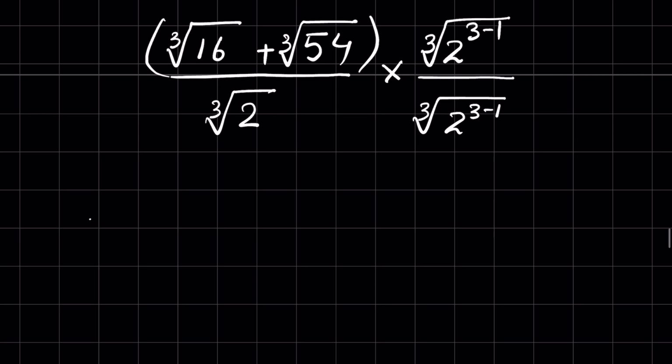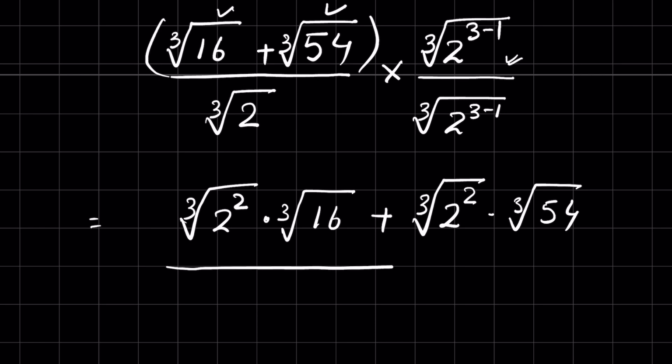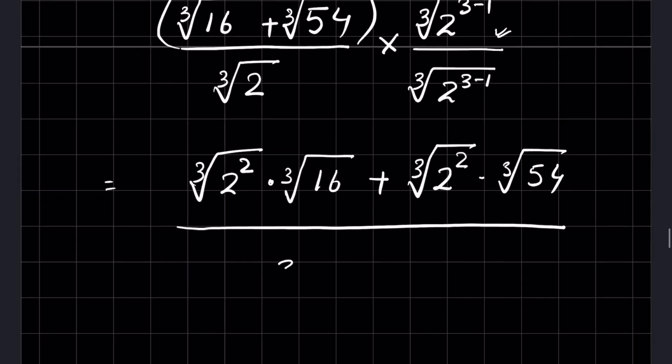Now 3 minus 1 is 2, so cube root of 2 raised to the power 2 times cube root of 16 plus cube root of 2 raised to the power 2 times cube root of 54, because using the distributive property, this is multiplied to both 16 cube root and 54 cube root. Then upon, here we have cube root of 2 times cube root of 2 square.